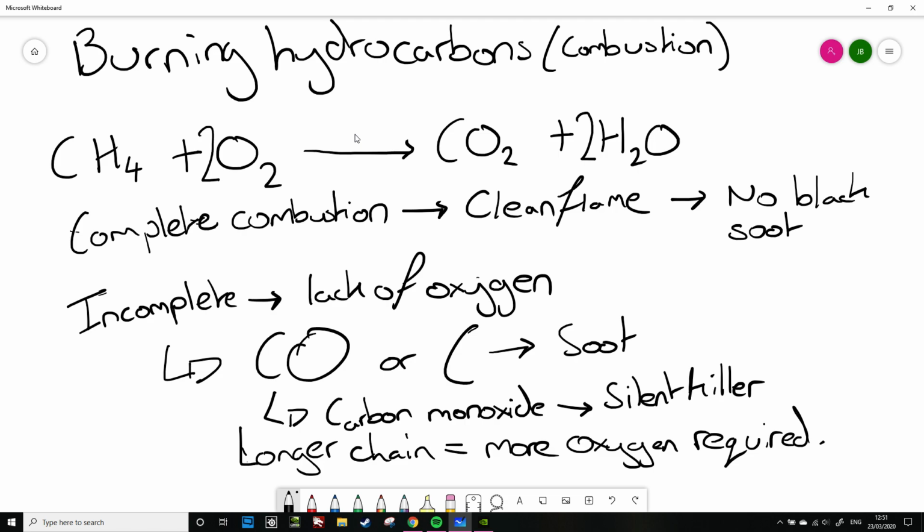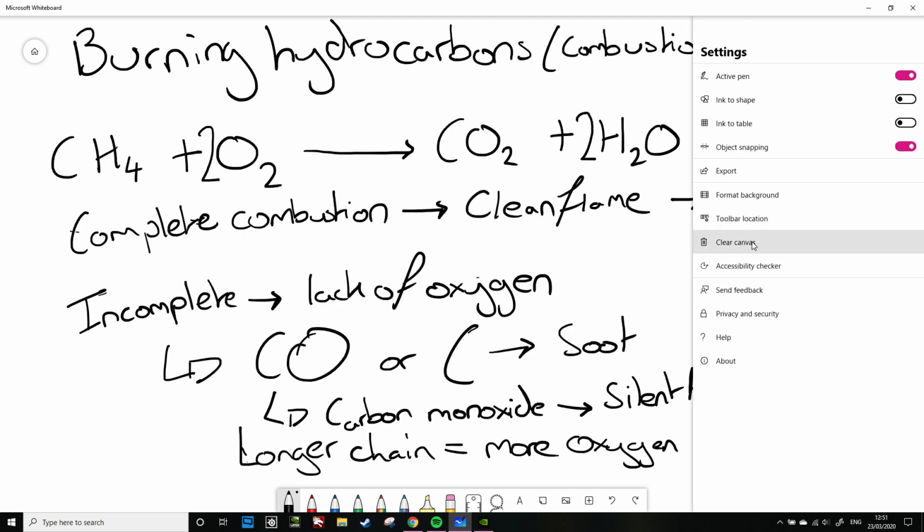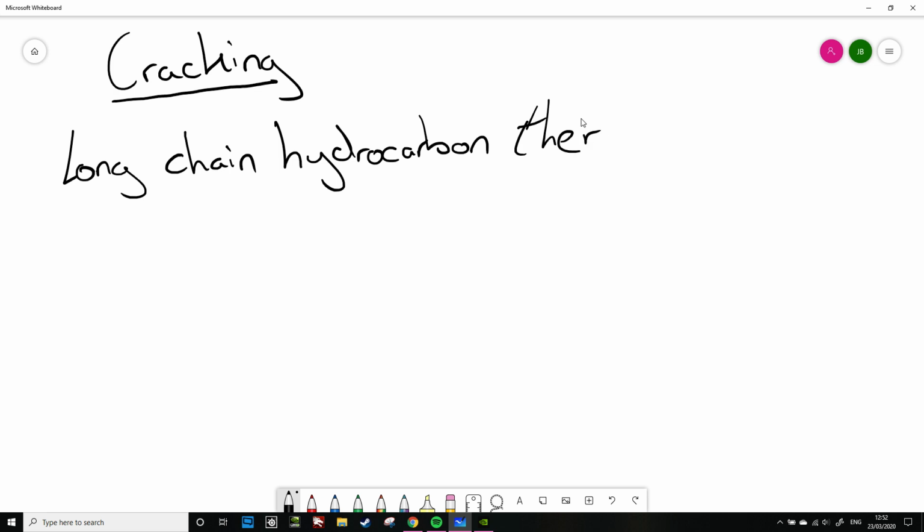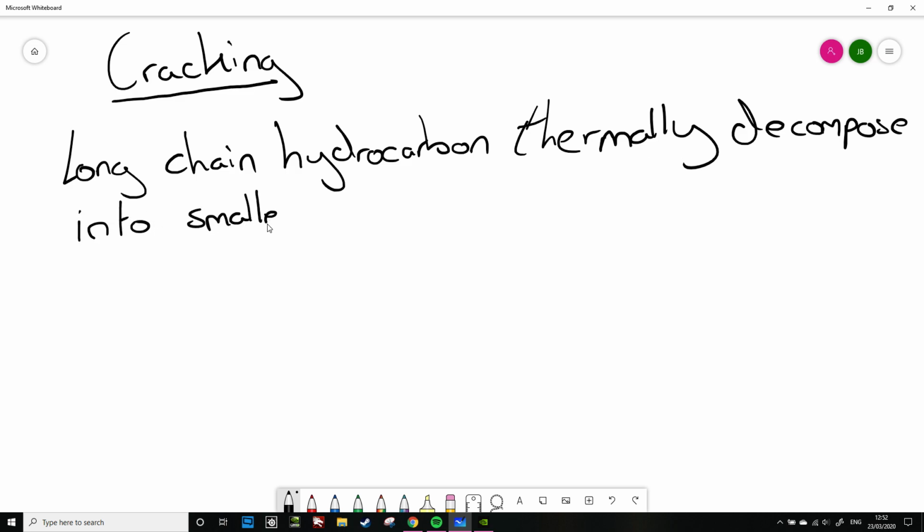Right, now let's move on to the final part. Let's move on to cracking. Cracking is a process by which we take a very long chain hydrocarbon, and we thermally decompose it into smaller chain hydrocarbons.